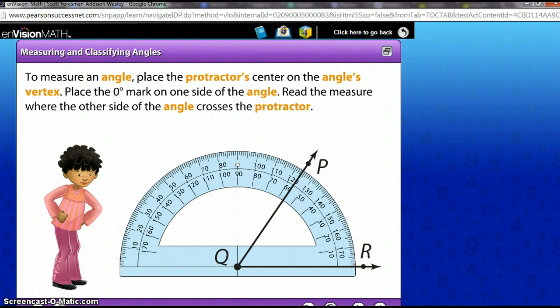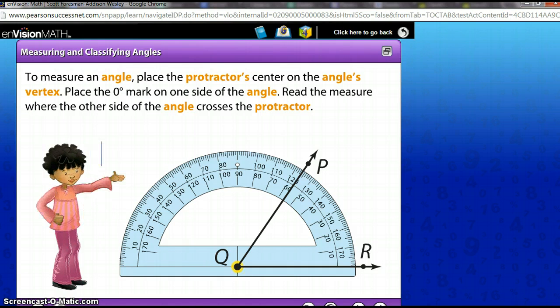To measure an angle, place the protractor's center on the angle's vertex. Place the 0 degrees mark on one side of the angle. Read the measure where the other side of the angle crosses the protractor. Okay. You get all that? Let's do a replay. I want you to hear this again.